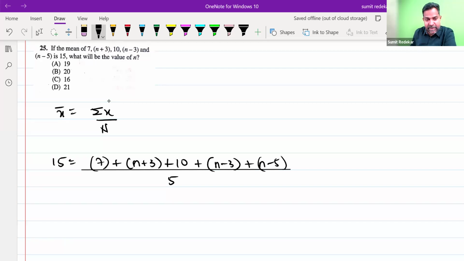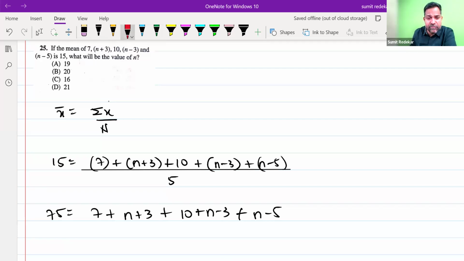Take the 5 to the other side. 15 5s are 75. 7 plus n plus 3 plus 10 plus n minus 3 plus n minus 5. You will notice that there is a positive 3 and a negative 3 that nullifies the effect. What are you left with? You are left with 10 minus 5, which is 5. 5 plus 7, which is 12.